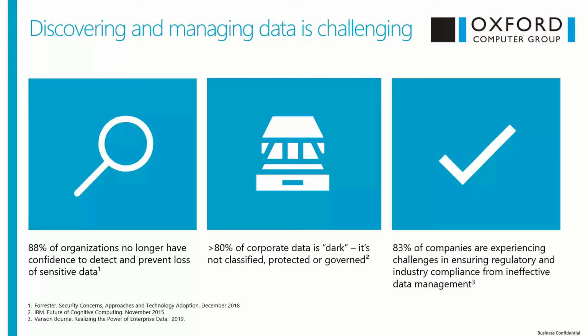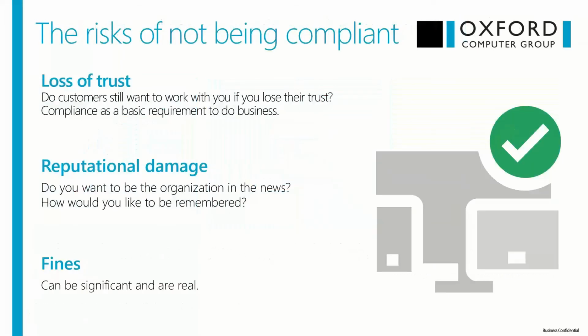83% of companies experience direct compliance readiness effects. They're having challenges in ensuring regulatory and industry compliance, and they find that they have an ineffective management scheme when it comes to managing that data. So, the risks of not being compliant.